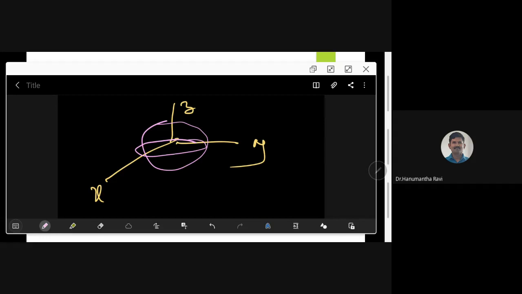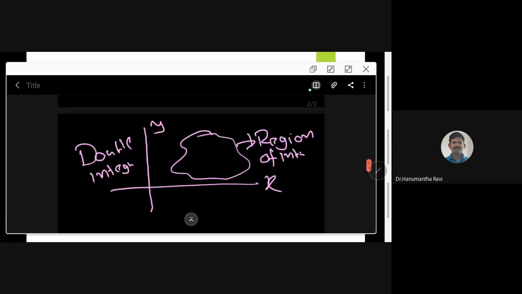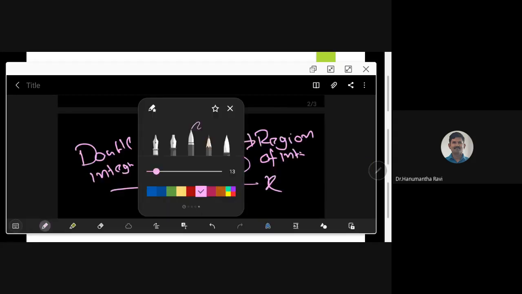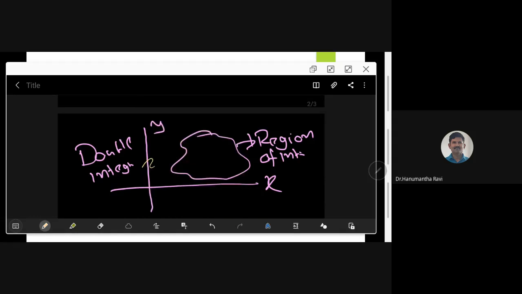In the double integral case, the region of integration may be a circular region or something between a line and a parabola. So in case of double integral, the region of integration is a plane region. On the other hand, for triple integrals, it is a part of three-dimensional space. It's a bounded region.